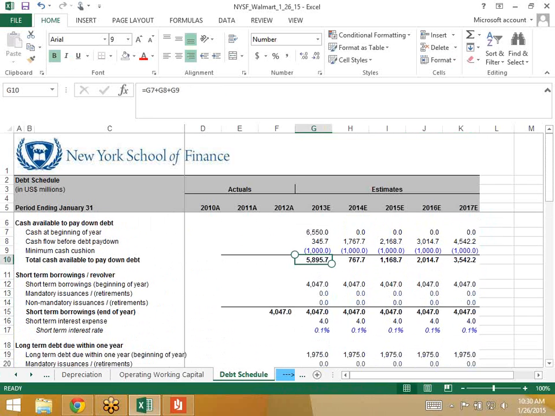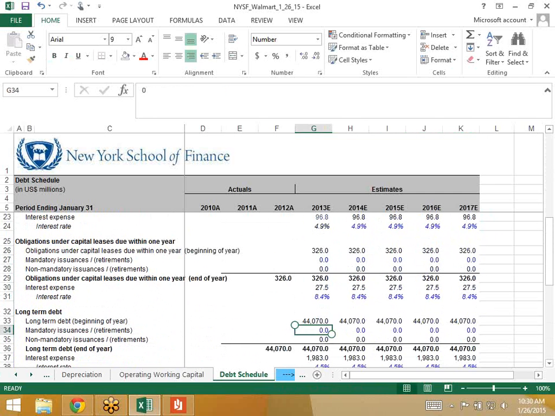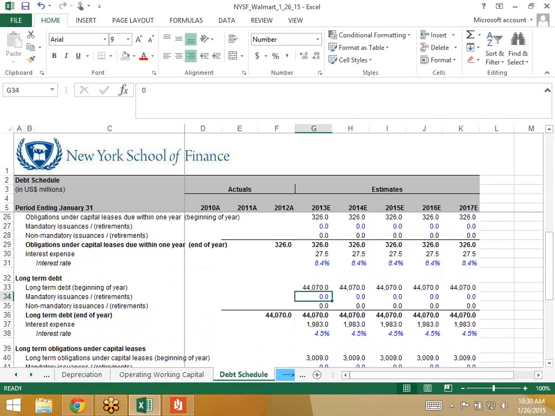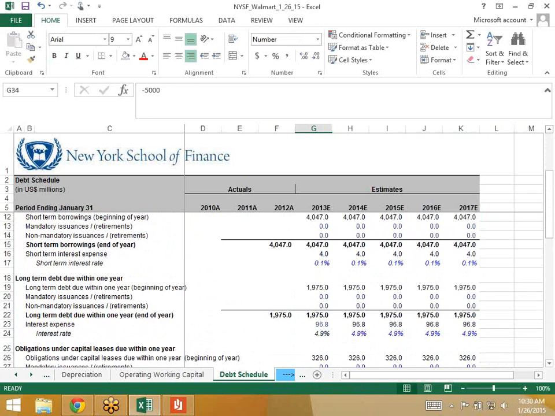Let's say I pay down $5 billion of that. So how do I do that? I go to my mandatory issuances, and I hit minus 5,000. Right, $5 billion. Debt goes down.